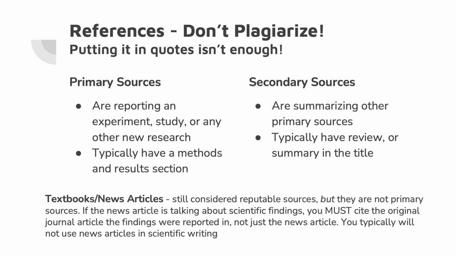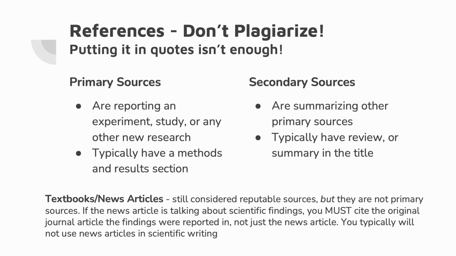So if this doesn't have your typical introduction, methods, results, discussion, if it says something like the purpose of the cell membrane in protein transport, that's not a typical abstract introduction results heading. That's really descriptive. That's probably a secondary source.